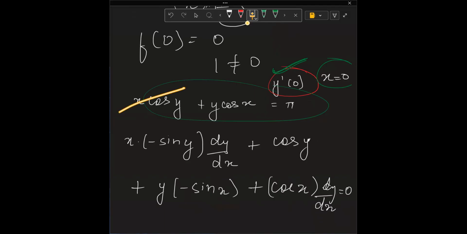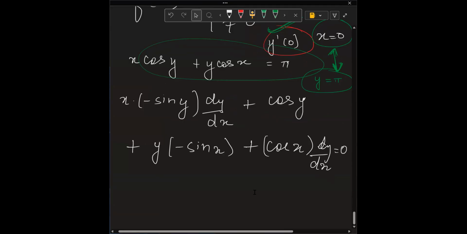When your x is 0, this term is going to be 0. Cos x is going to be 1 because cos 0 is 1. So you have y into 1 equals pi. So when your x is 0, your y is pi.